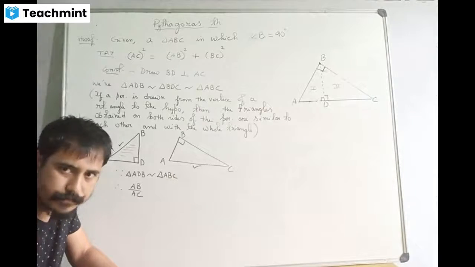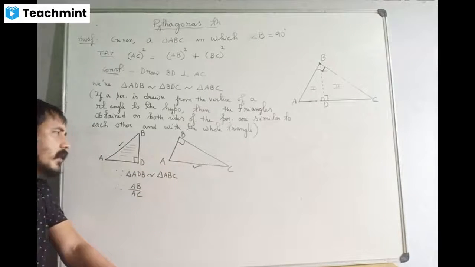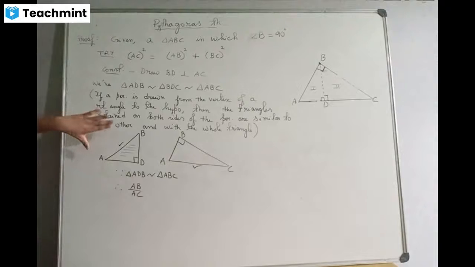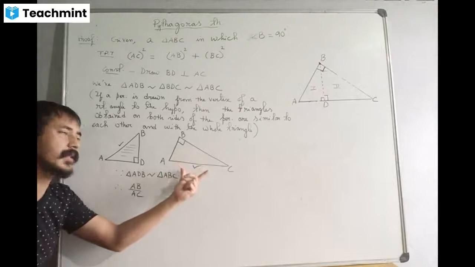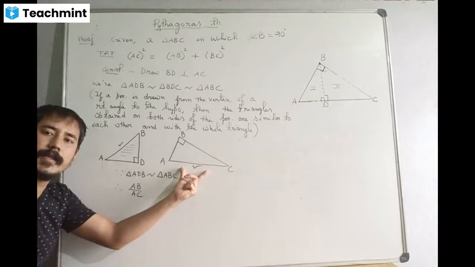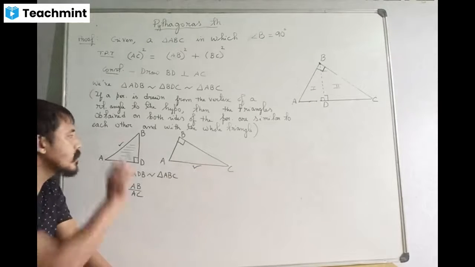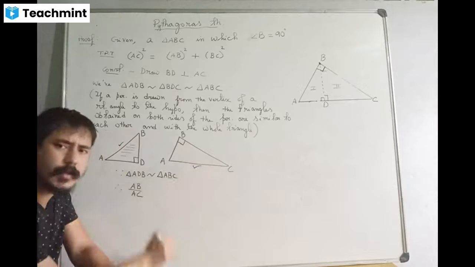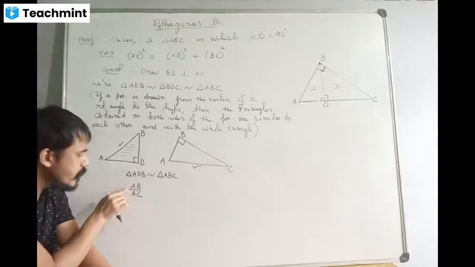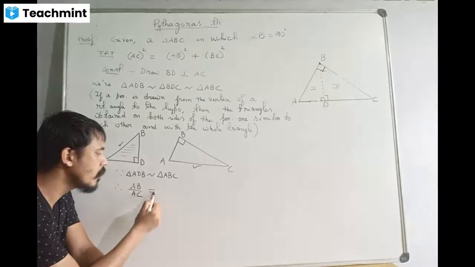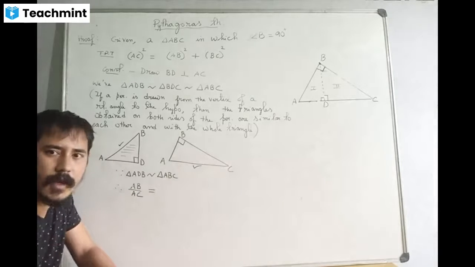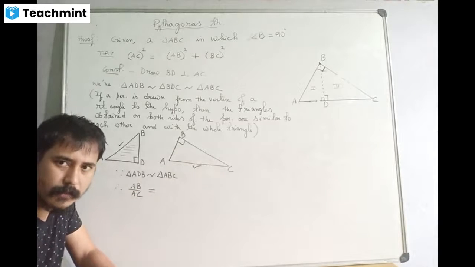So if I take the hypotenuse AB from the first triangle, then from this triangle also, I need to consider the hypotenuse, that is AC, because hypotenuse always corresponds with hypotenuse. So the ratio of their corresponding sides will be equal to the ratio of any other corresponding sides again.